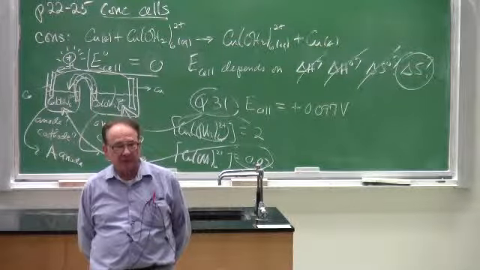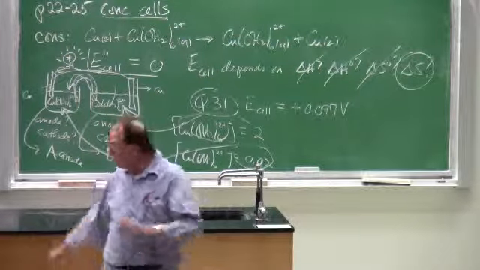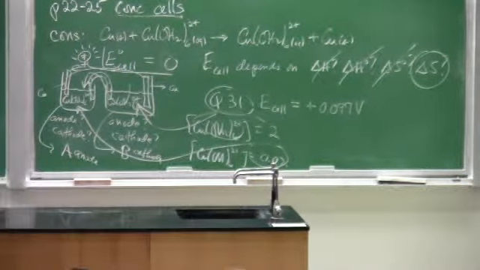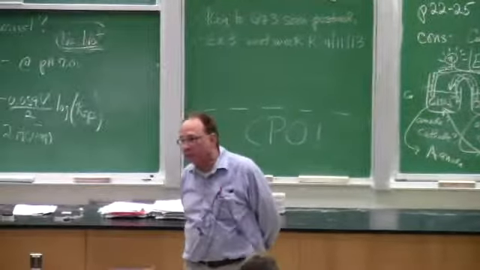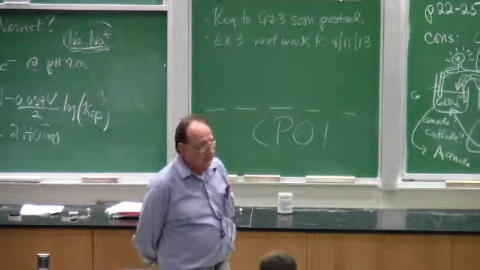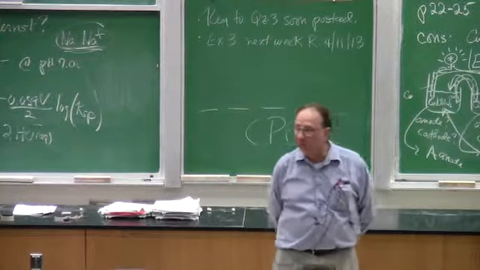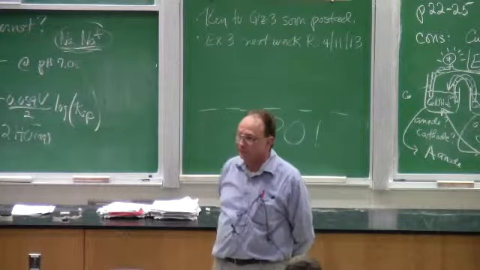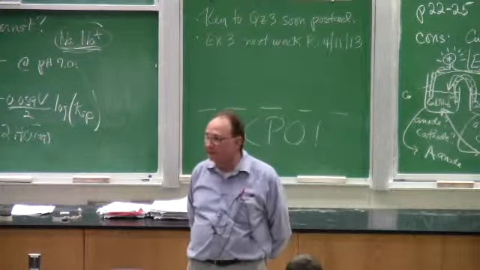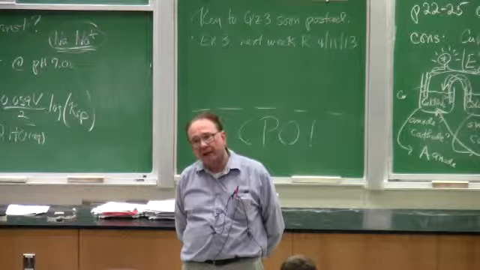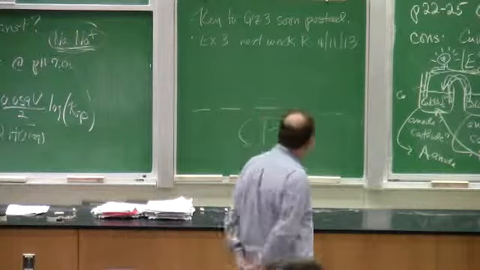Because as copper in the 2/100 molar copper ion is being oxidized, I'm making more copper ions. And as copper ions are reduced in the 2 molar copper ion, I will be reducing the molarity of copper ion. And this thing is going to continue to operate until I get equal molarities of copper ion.